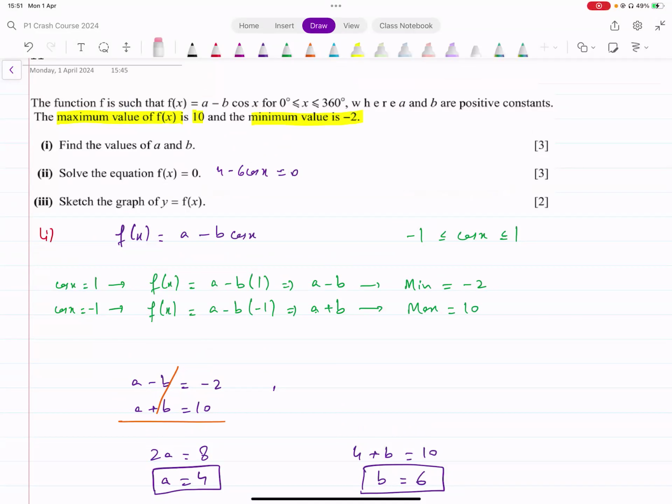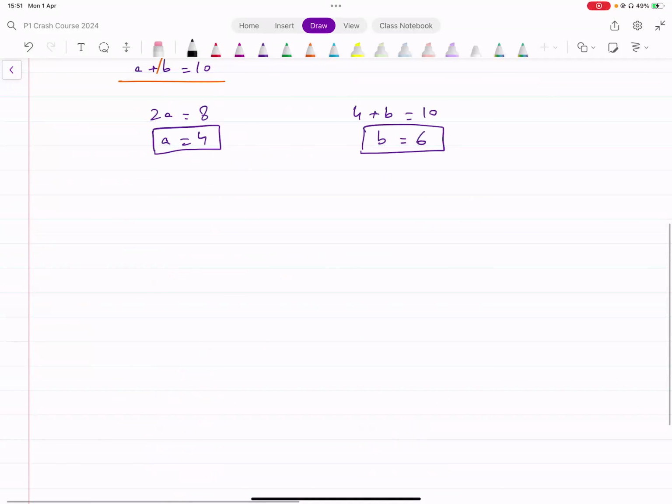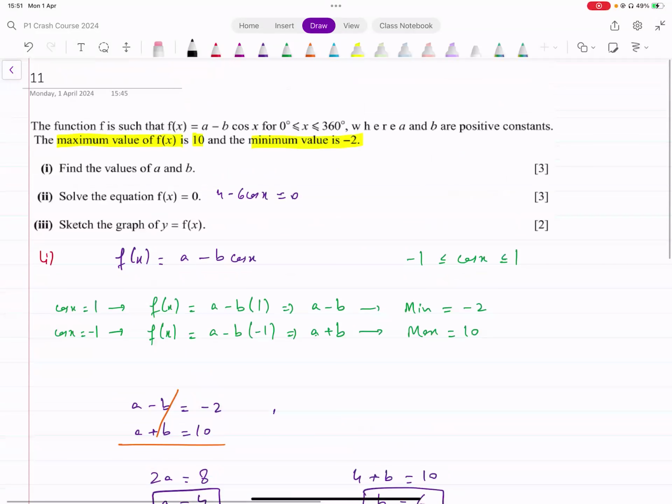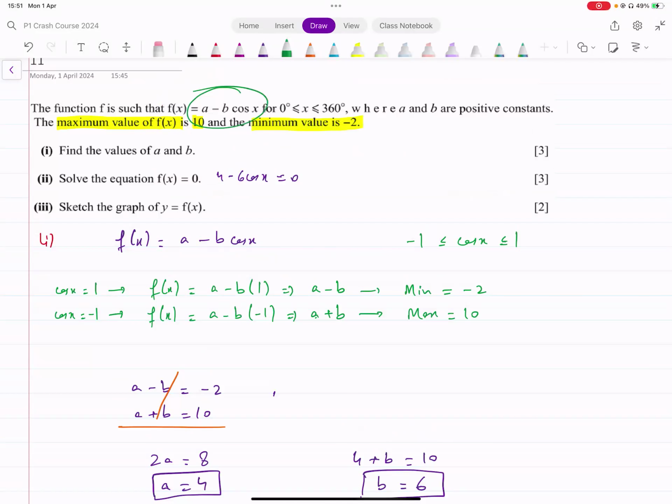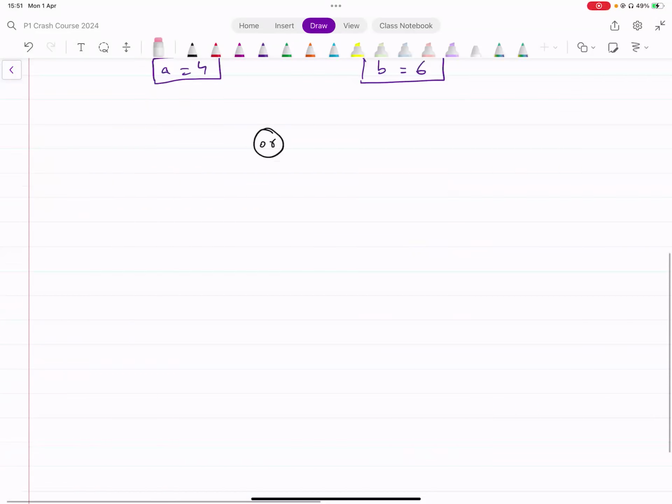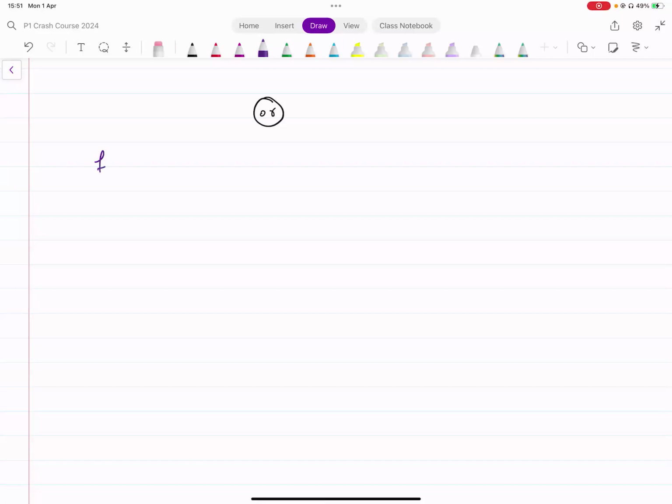Now, there could be another way of thinking about this as well, which is slightly trickier, although quicker if you're able to figure that out. Think about it. The function is A minus B cos x. I'll just tell you this other method as well, in case you understand that, you could do this question using that as well.